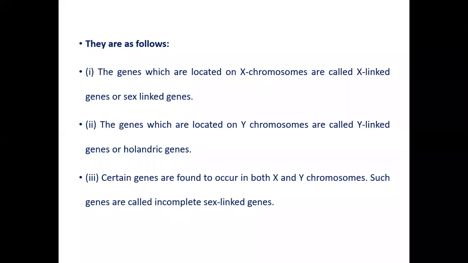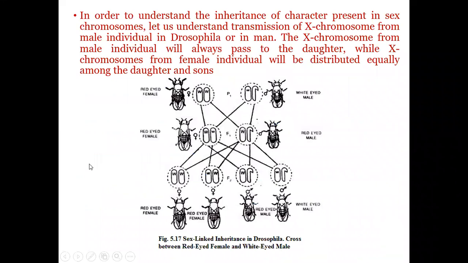The X chromosome from a male individual will always go to a daughter, while X chromosomes from a female individual will be distributed among both daughters and sons. This is a very important thing.